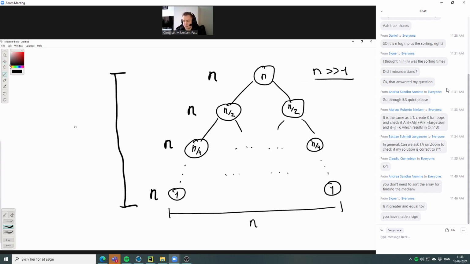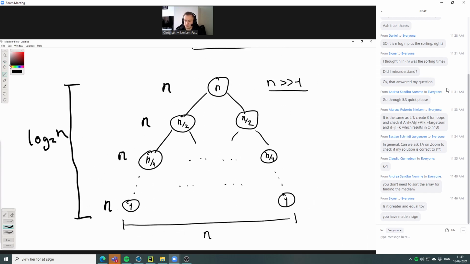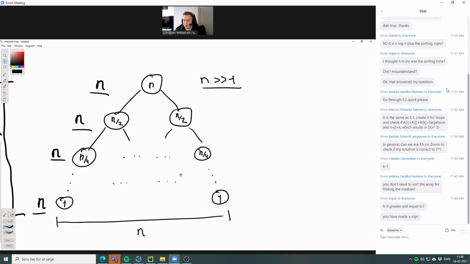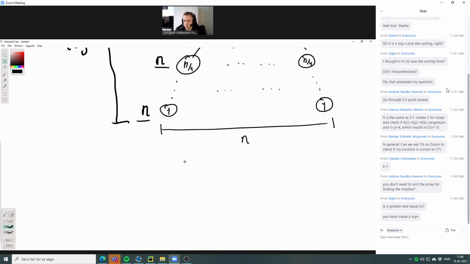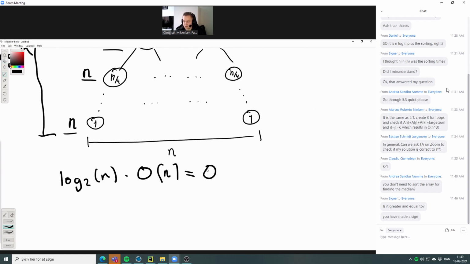The height of the tree is log 2 of n. So we have log 2 of n layers that each take linear time. Now, how can we write that? We can write that we have log 2 of n times O of n, and that, of course, is equal to O of n log n, right? So this is exactly what we wanted to show.